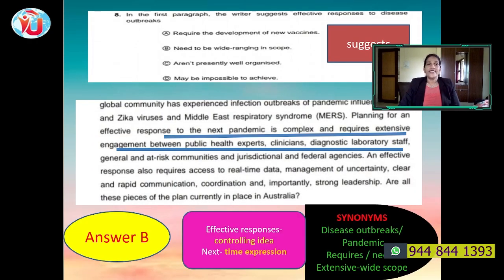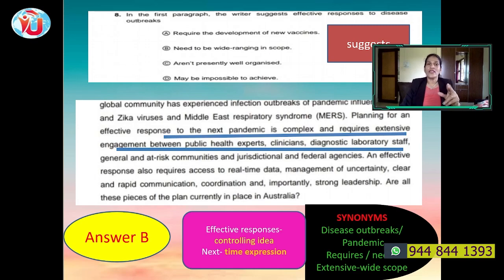In the next slide, they say that in the first paragraph, the writer suggests effective responses to disease outbreaks. You see, you have to read the question. The QTA method applies here: question, text, answer. Remember this. And now you look for what they talk about.